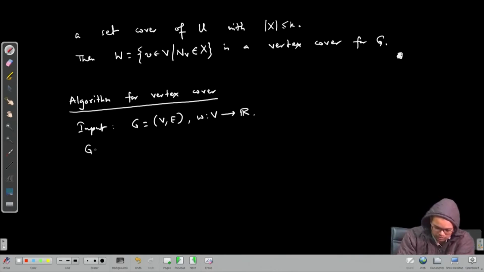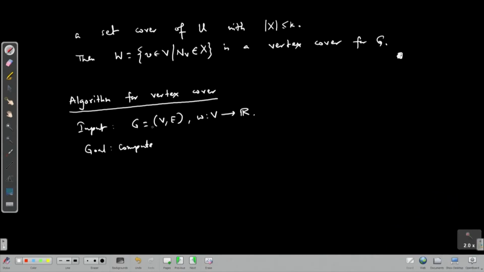The goal is to compute a vertex cover of smallest sum of its vertices' weights.